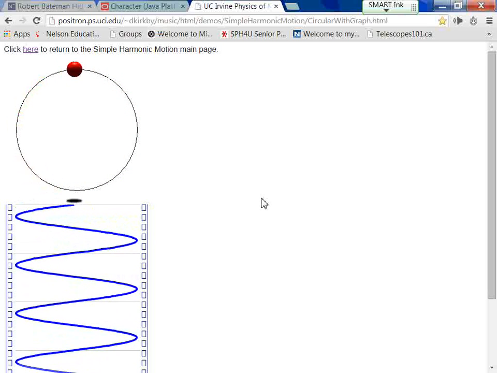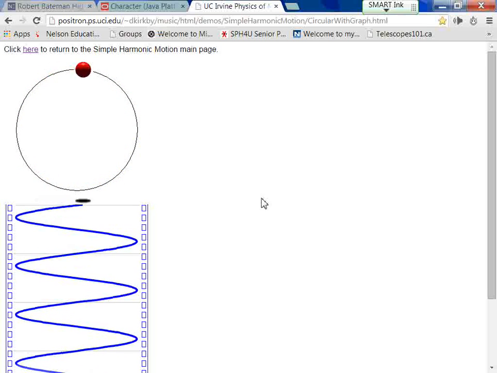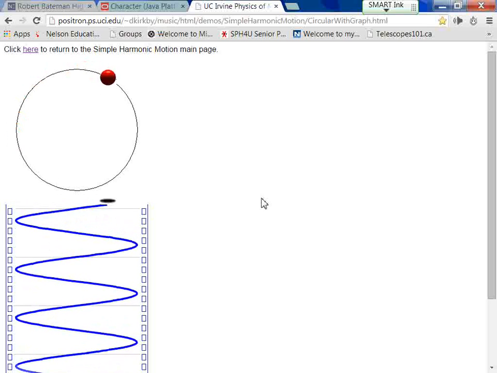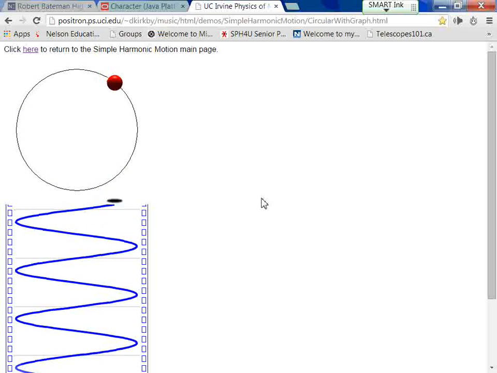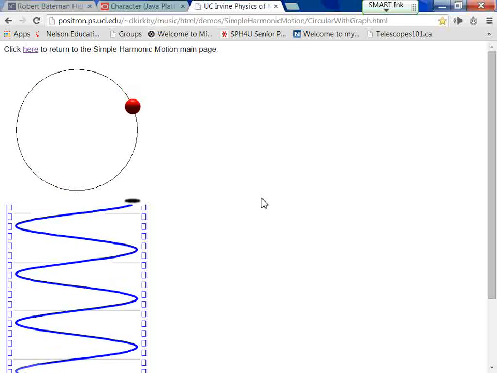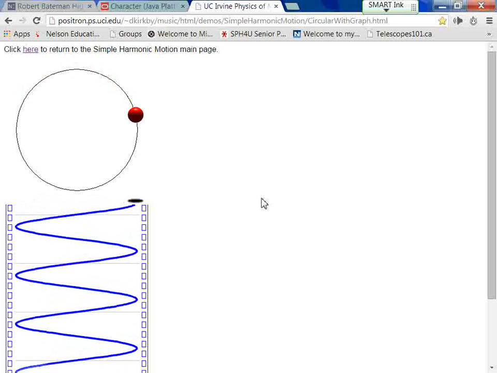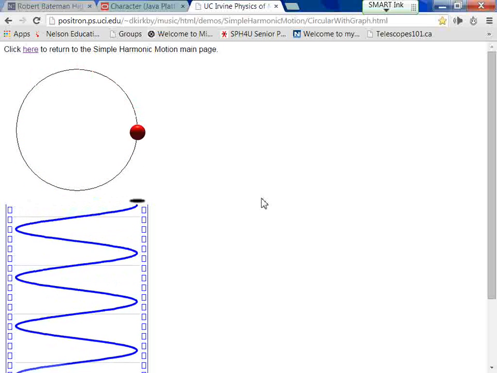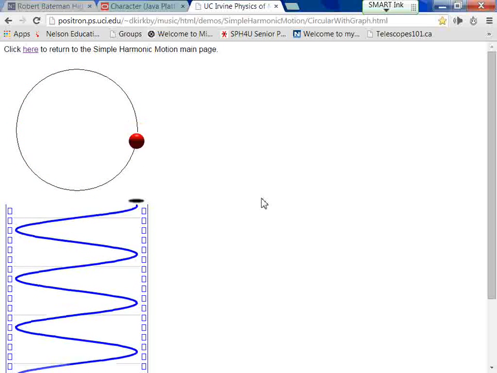The projection from the middle of the circle right here is this equilibrium point. So if we freeze the projection of the circle going in the x direction at any point, x is the distance from the equilibrium point to that circle's projection. That's where it's a little different than circular motion.